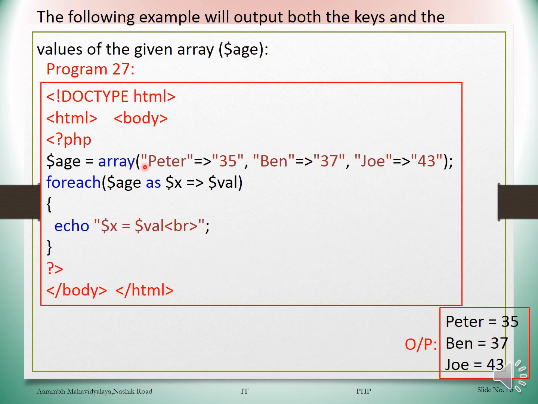Okay, got it? You have to remember this concept. Whatever data you have to display, include it in double quotes so that it behaves as a string and does not change its value, and this sign will indicate the relation between these two values. Now the first part is separated from the second part by using this comma operator.